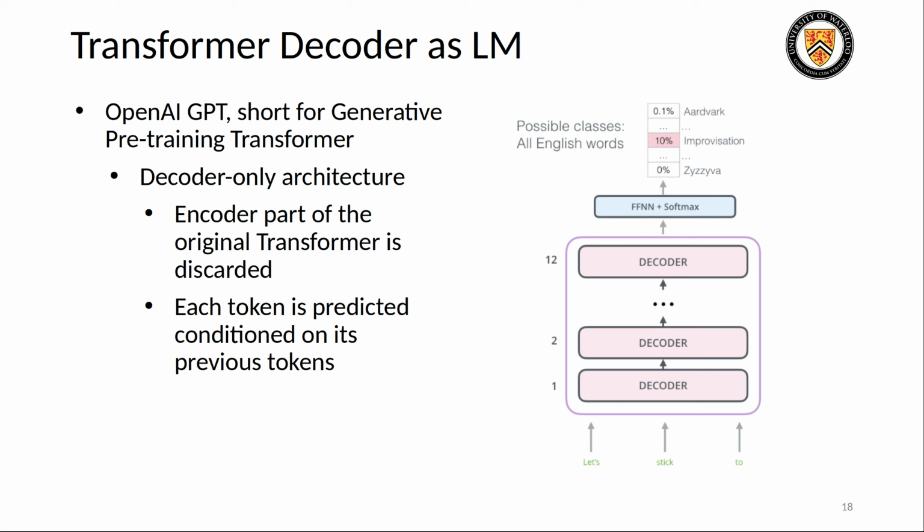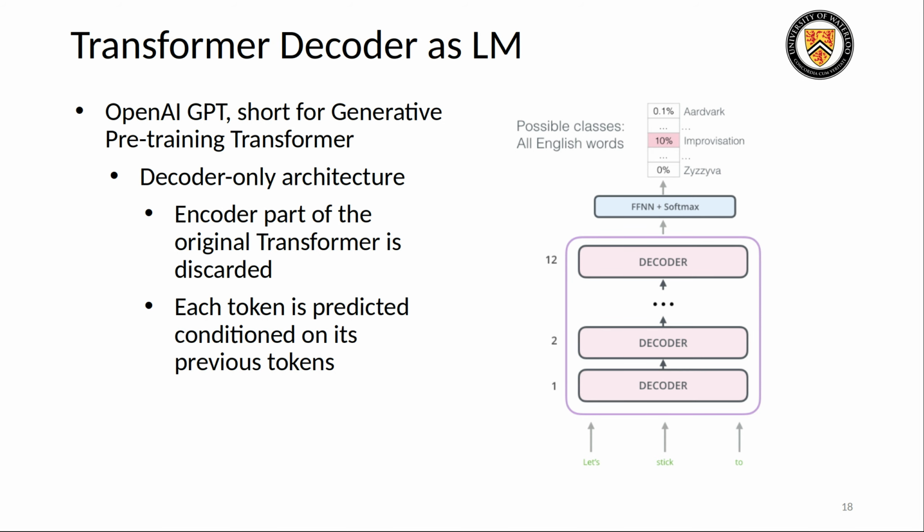Following the initial success of the transformer in machine translation tasks, researchers explored using the decoder part of the transformer as a standalone language model. So this led to the development of models like OpenAI's GPT-1, the Generative Pre-trained Transformer, which demonstrated the effectiveness of using the transformer decoder for language modeling.